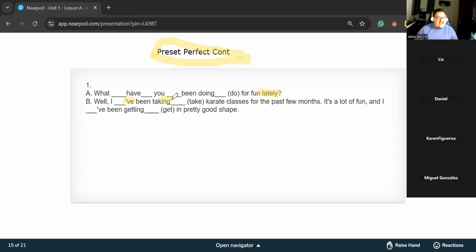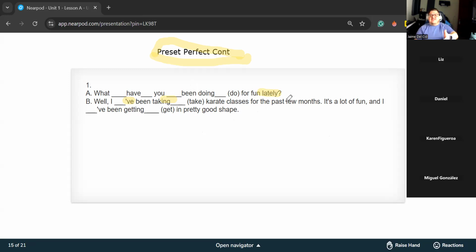I have been taking karate classes for the past few months. ¿Qué quiere decir esto? I have been taking karate classes. Es que empezaste a tomar clases de karate. Esa actividad estaba en desarrollo y todavía la sigues tomando, ¿verdad? No es, por ejemplo, yo tomé clases en el pasado, sino yo he estado tomando clases por los últimos meses.